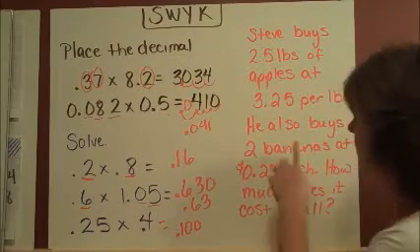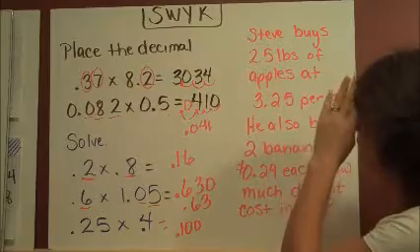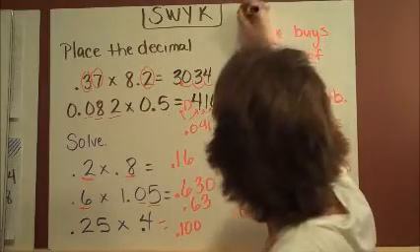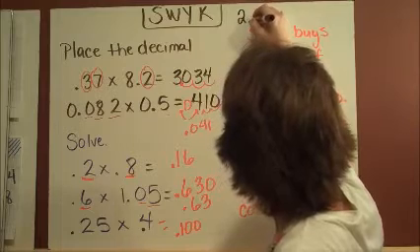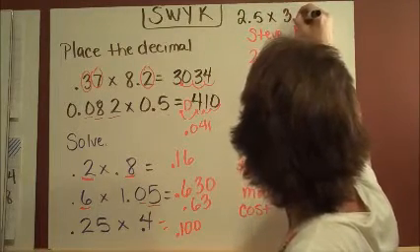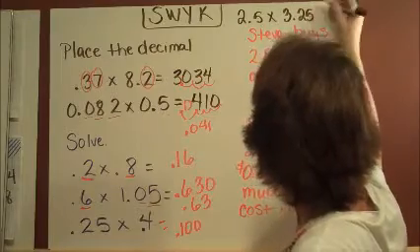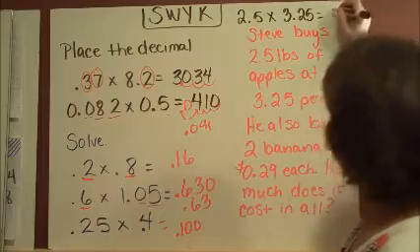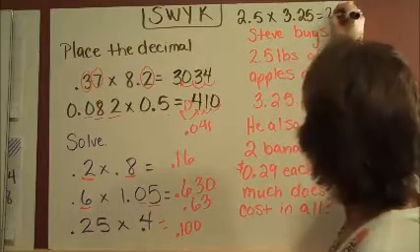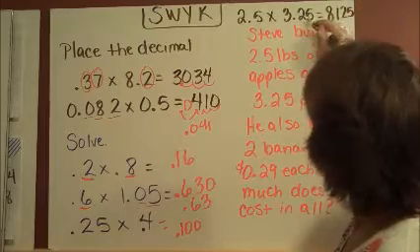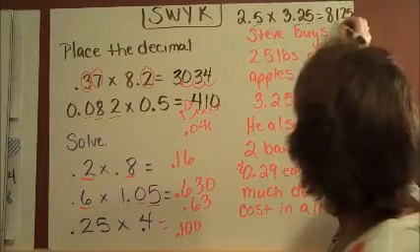Well, first, we have to multiply 2.5 times 3.25. First, we're going to multiply 2.5 times 3.25, which I happen to know that 25 times 325 is 8,125. 1, 2, 1.